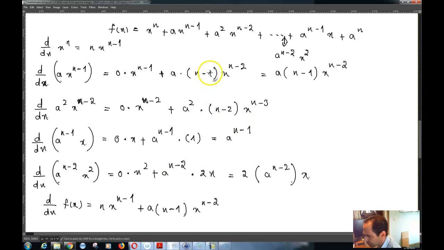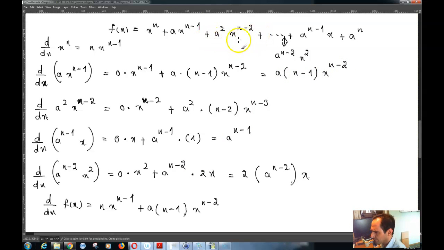The derivative of this second function is basically a times n minus 1 times x raised to the power n minus 2.